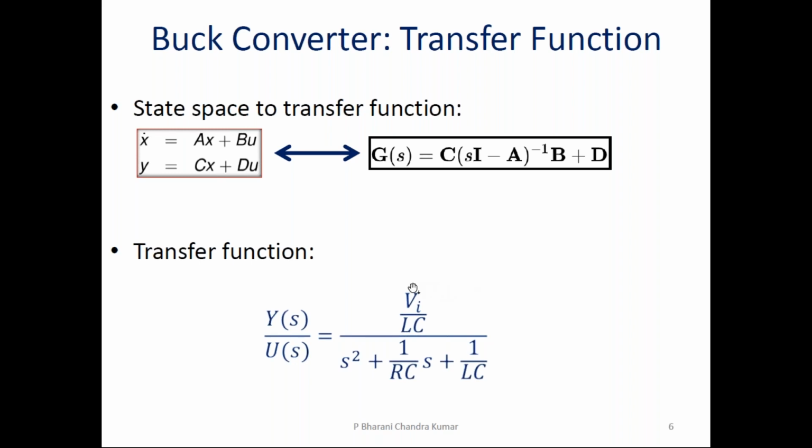However, when I say transfer function, it should not have any variables other than s. The remaining should all be constants, because by definition, transfer function is only defined for linear time invariant systems: the ratio of Laplace transform of outputs to the Laplace transform of inputs with zero initial conditions. So what is happening here is that this Vi is the input voltage, which is constant.